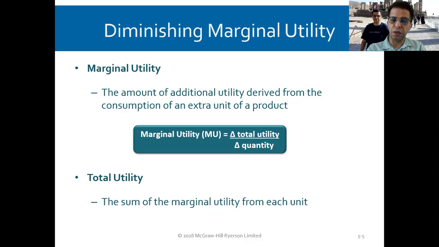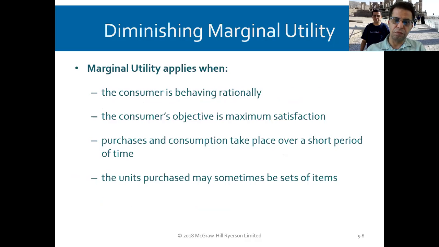So the total utility is 9. Marginal utility applies when the consumer is behaving rationally, not just eating for eating. The consumer's objective is maximum satisfaction. The purchase and the consumption take place over a short period of time, and the unit purchased may sometimes be a set of items.